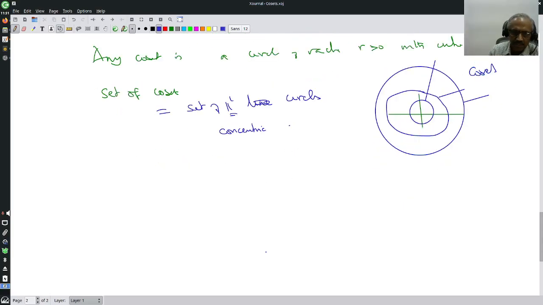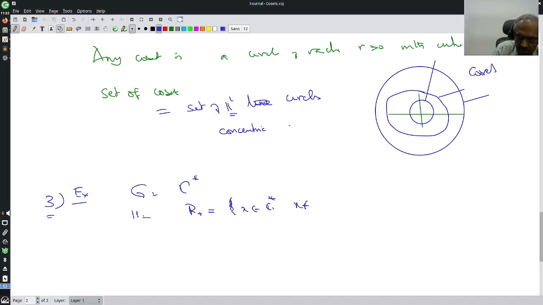Okay, let us start with one third example. With that I will stop. I will give an exercise. Same as C star now, but H is R plus. That is, I'll take the set of X in C such that X is in C star, X is in R, and X is positive, all positive reals under multiplication. So this H is a subgroup of G, a multiplicative subgroup.